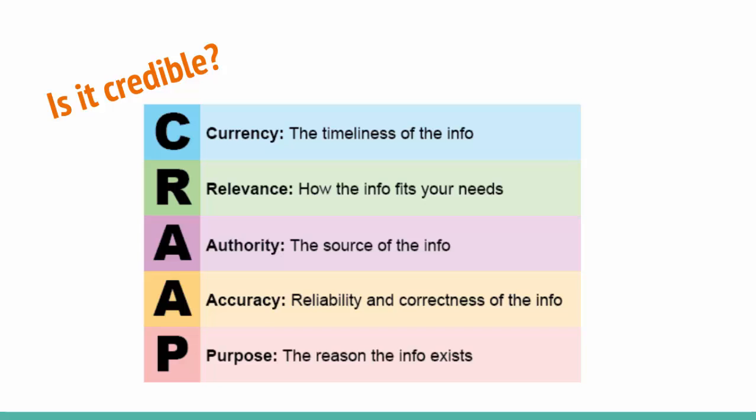If you find grammar and spelling errors in a website, then you have to think about what else might be wrong with that website. And last, think about purpose. Facts can be twisted, so you have to think, is the author of the website trying to sell something? Are they trying to convince you to believe what they believe? If that's the case, you may want to double check your information.